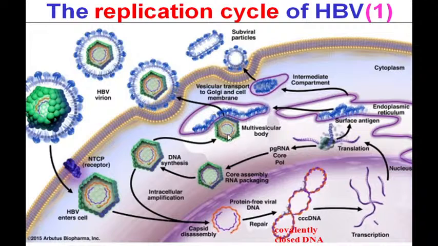Those particles that obtain the membrane from the Golgi will be transported and released through exocytosis. So these infectious virus particles will be produced. But then usually there will not be enough time for the polymerase to build a complete copy of positive sense DNA, so it will be released partially double-stranded.